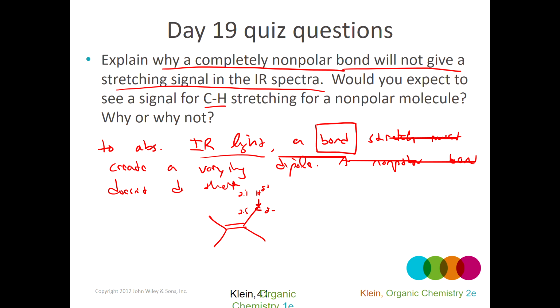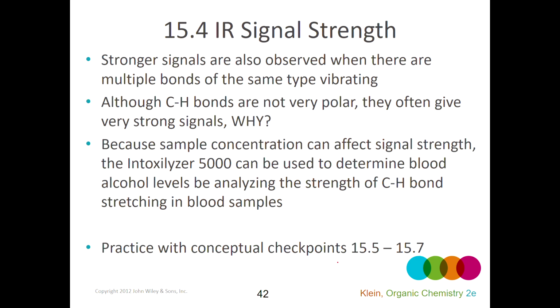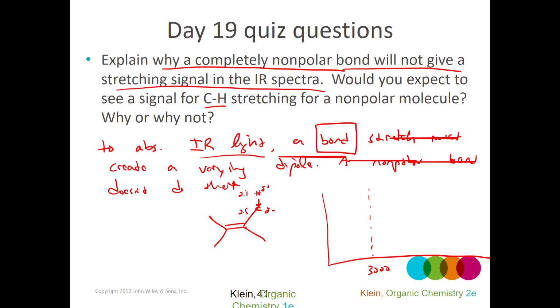So I would expect to see, if I looked at the infrared spectrum around 3000, wherever that is, a signal for the sp3 hybridized CH bonds, since they are slightly polar, stretching, and I'd see the signal down here around 2900, right below 3000, right where I normally see CH stretching on an sp3 hybridized carbon.